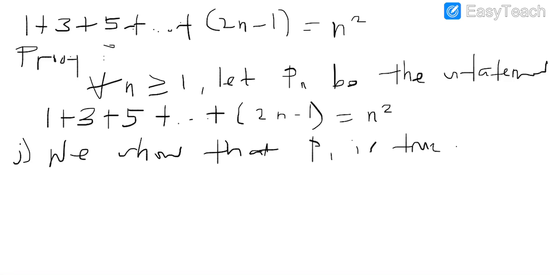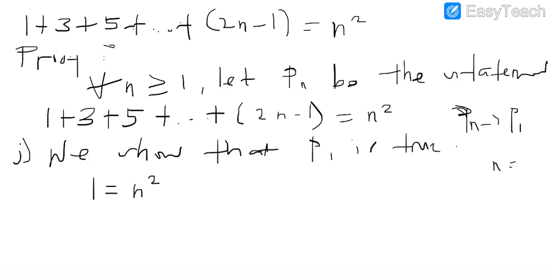Okay, so our p sub 1 in this sequence is 1. We will equate that to the right side of the equation, which is n squared. Now here, p sub 1 came from p sub n, right?